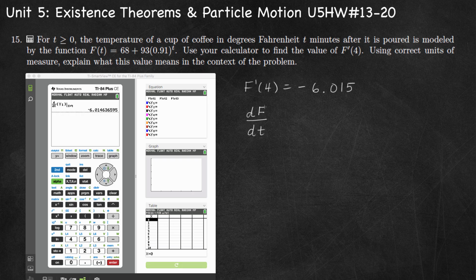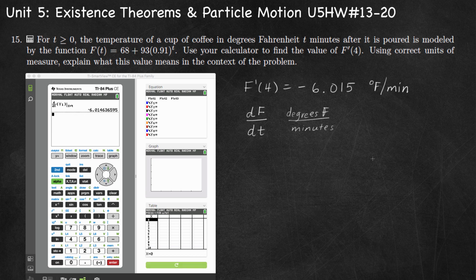The derivative of my overall temperature function, so that was degrees Fahrenheit, over the change in time, and the time here was measured in minutes. So the units would be degrees Fahrenheit per minute.